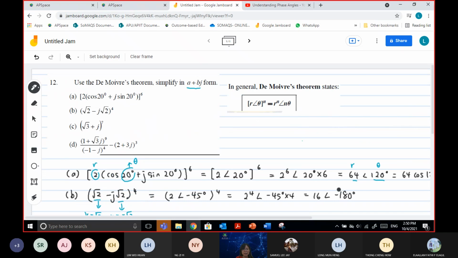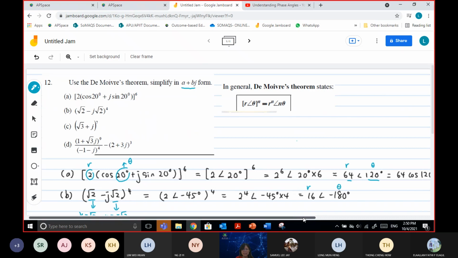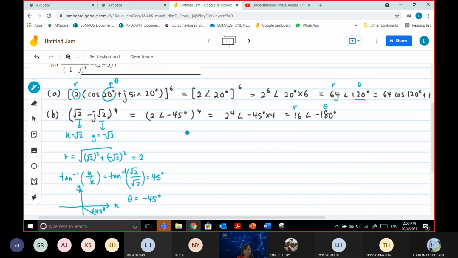Next, you are required to have the final answer in the Cartesian form, right? So this is the R, and this is the theta. Let's calculate the answer. R cos theta plus R sine theta J equals 16 cos negative 180 degrees plus 16 sine negative 180 degrees J. Harold, may I know your answer?